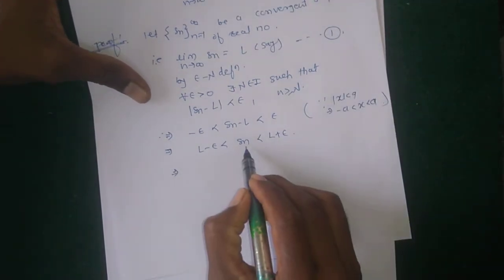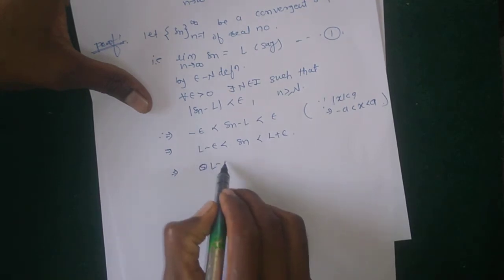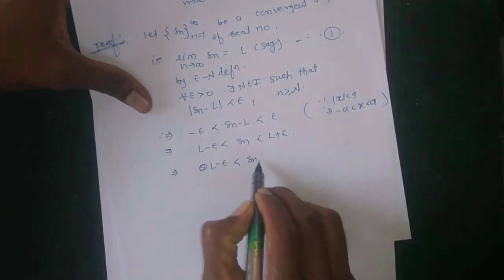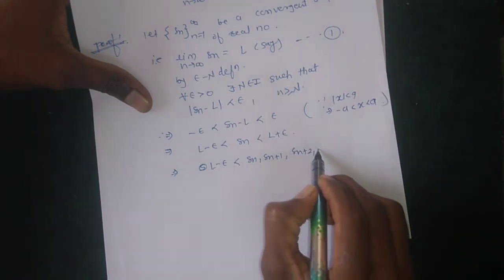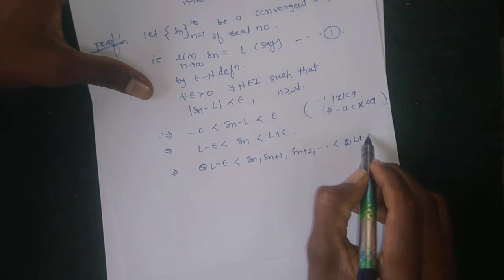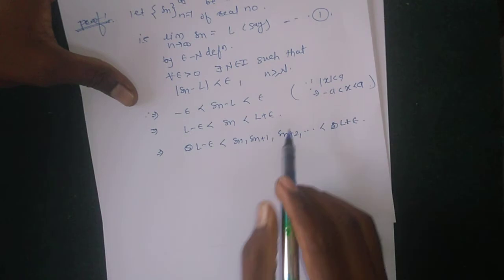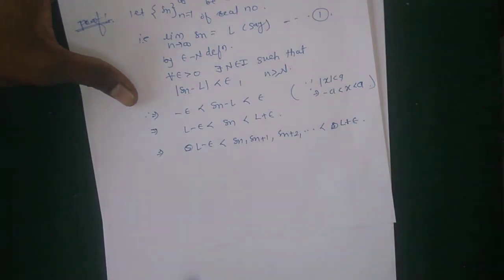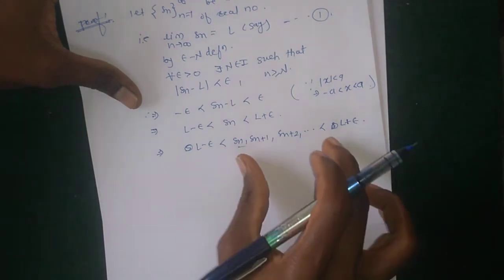So all terms of Sn lie in between L minus epsilon and L plus epsilon. Therefore L minus epsilon is less than Sn plus 1, Sn plus 2 and so on, and this is less than L plus epsilon. Therefore the supremum of this sequence must lie in between this set.